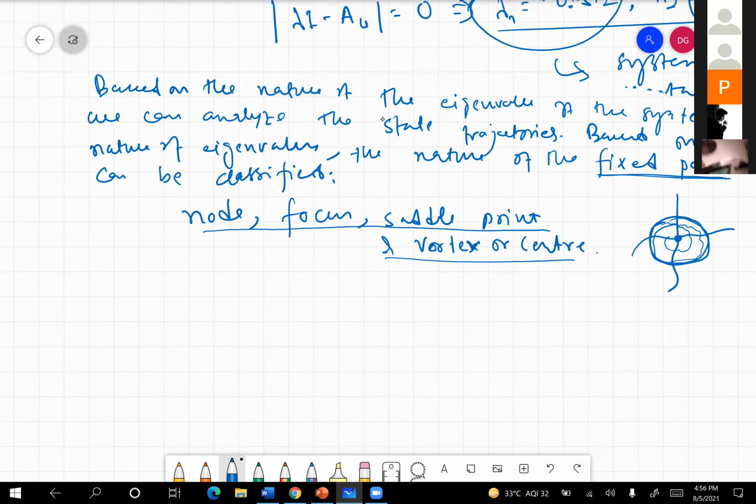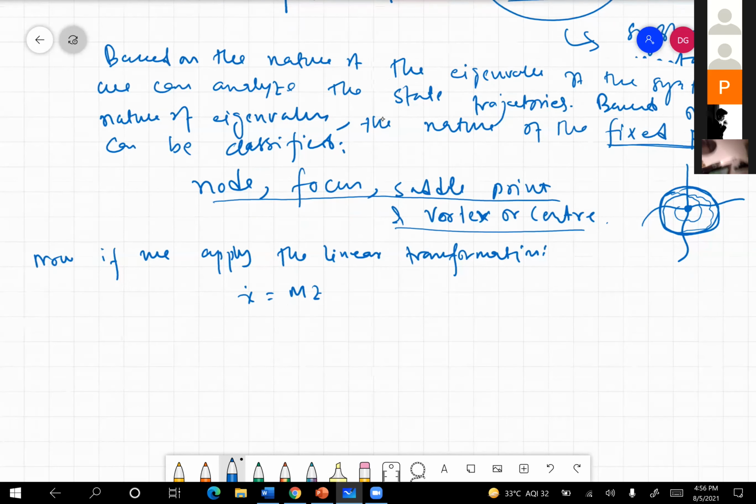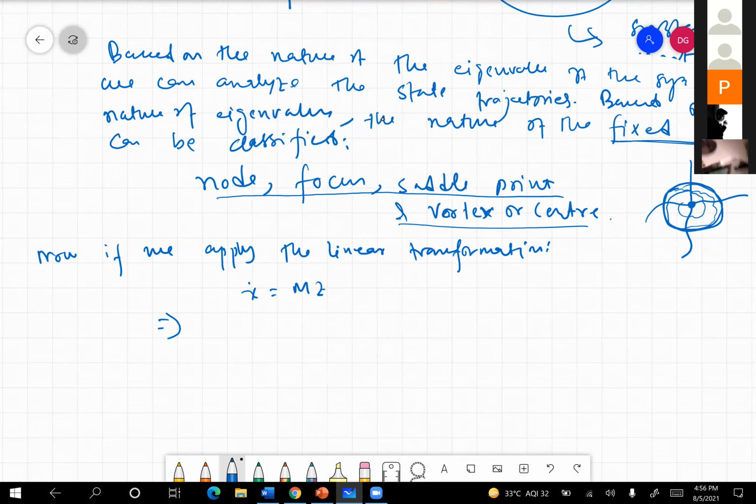Now, if we apply the linear transformation, the above system, x dot equal to Ax, can be transformed. If we transform z equal to Tx, this is the way we transform the x domain to the z domain.